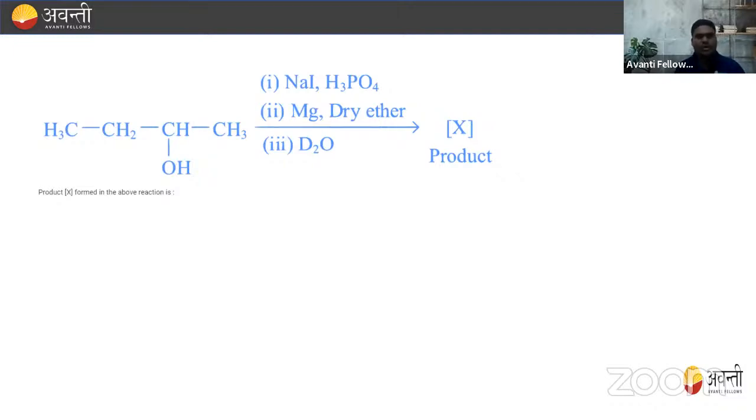Now, can you name the product X in the following reaction? Can anyone name this reaction?